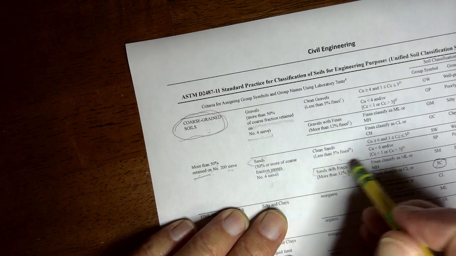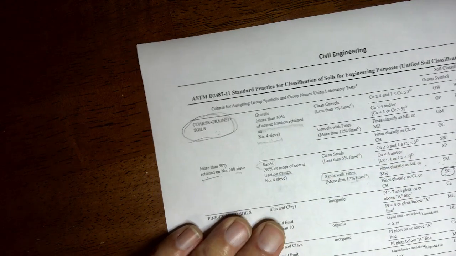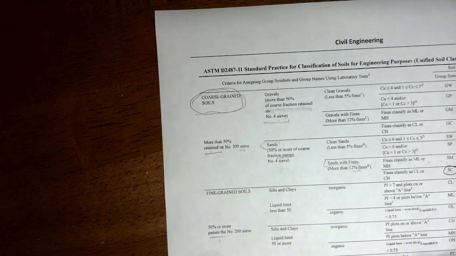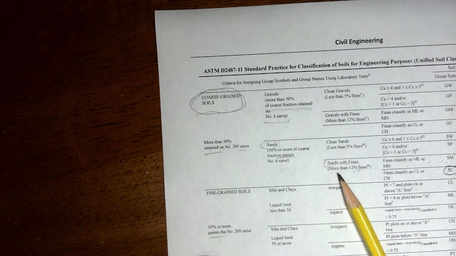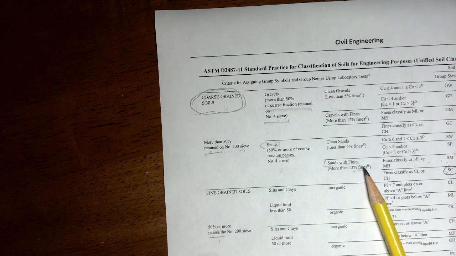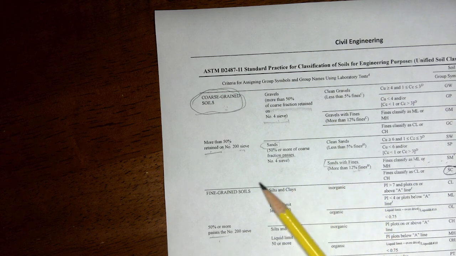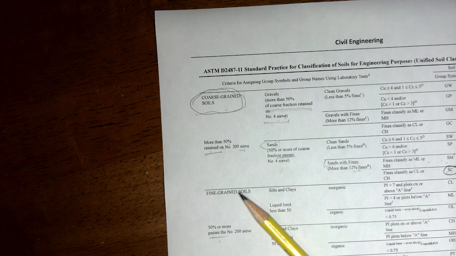Marking it, and I may have got it where it's harder to read, but we have in sands, that's what it gave, but down here we have more than 12% fines. We have 15.2% passing the number 200 sieve.